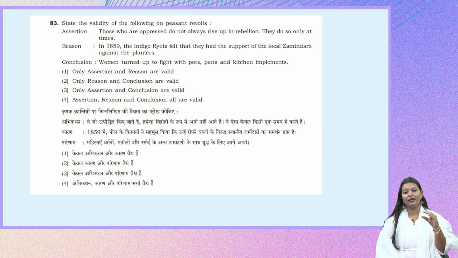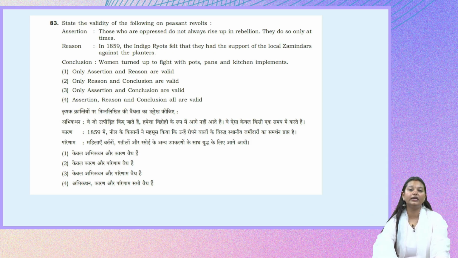And the level of difficulty is slightly more because now we have assertion, we have a reason, and we also have a conclusion. But what you need to remember is read all these three statements separately. First, try to see whether they are valid individually or not. Because if you look at the options, that is what they have asked us, whether these statements are valid or not.